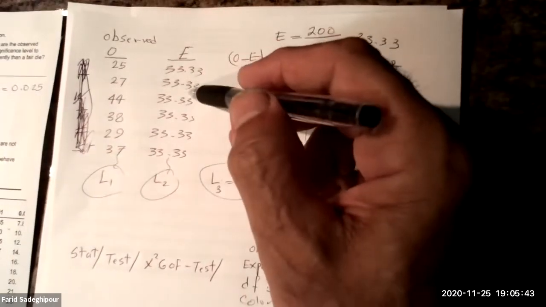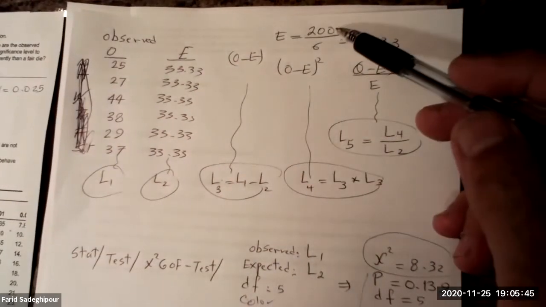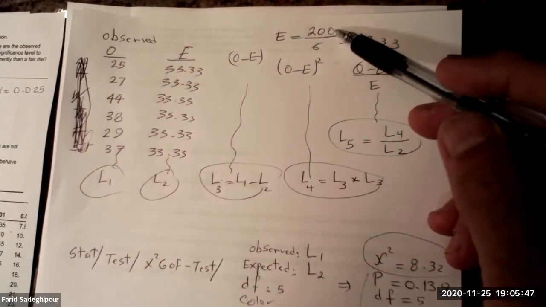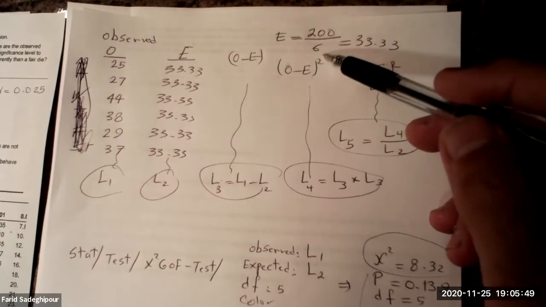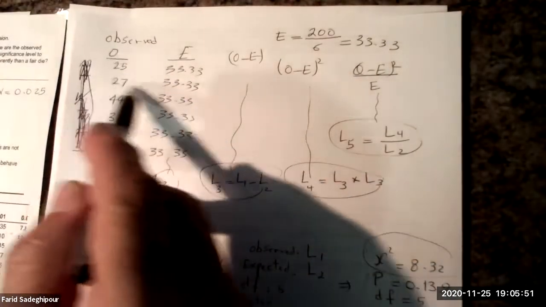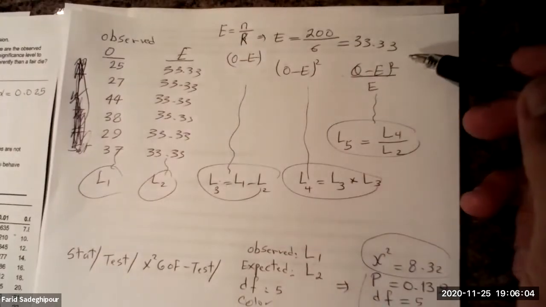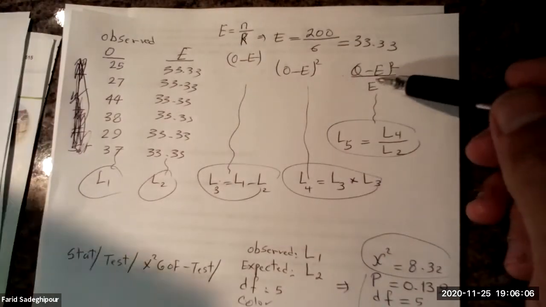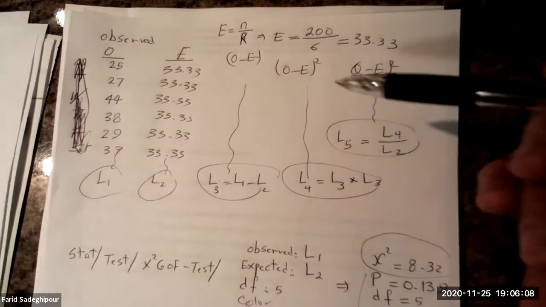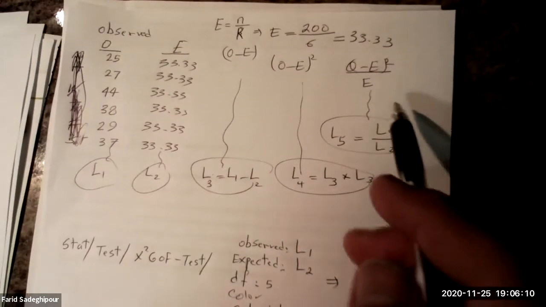How do we calculate the expected frequency? We did it 200 times. That would be your N. And there are 6 categories, see, 1, 2, 3, 4, 5, 6 categories. So E is N divided by K, which is 33.33.